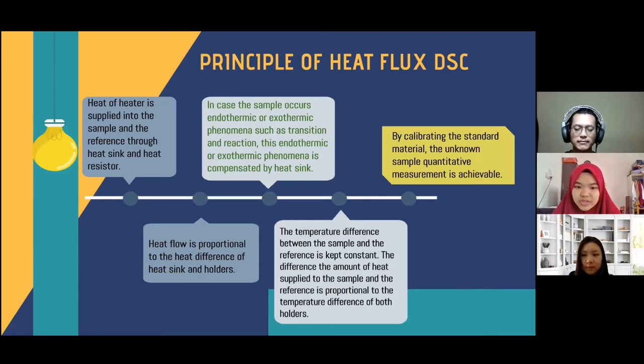Then the temperature difference between the sample and the reference is still kept constant, but the difference in the amount of heat supplied to the sample and the reference is proportional to the temperature difference of both holders. So by calibrating the standard material, we can know the unknown sample by quantitative measurement.